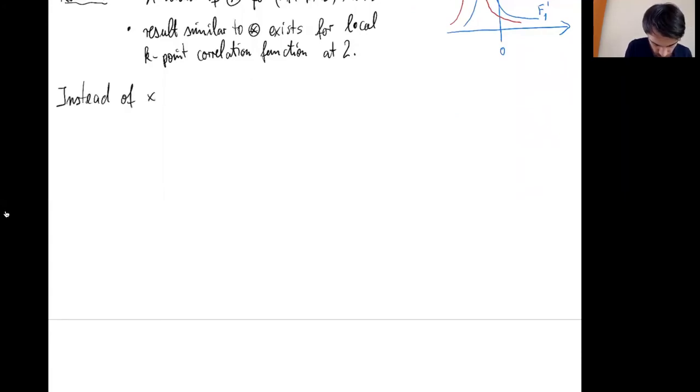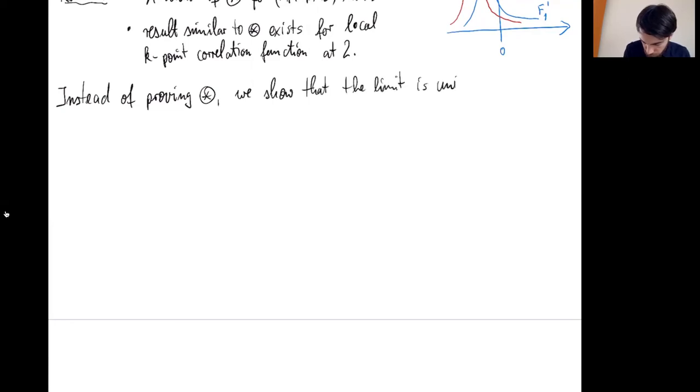So instead of proving star, we show that the limit is universal.